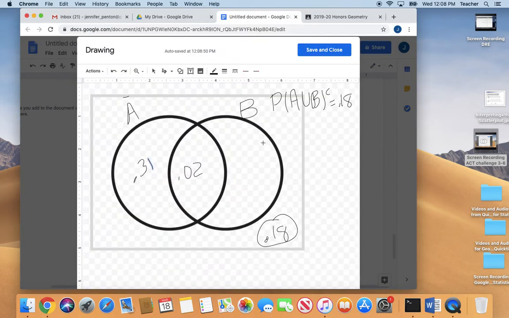So if I come back here, everything in this circle has to be 0.51. So you already have 0.02. So that means this would be 0.49. Okay. And if you add all these probabilities together, 0.31 plus 0.02 plus 0.49 plus 0.18, you will get 1.